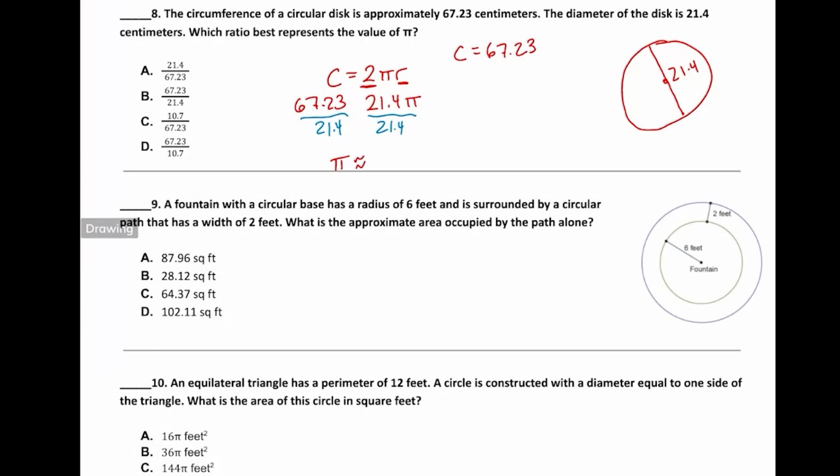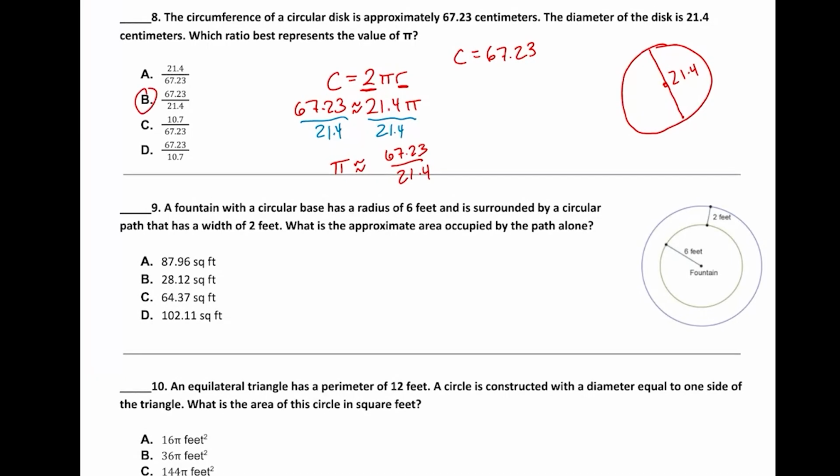Even up here, this should have been an approximation because pi is irrational. But pi should be approximately 67.23 over 21.4. So our answer is B.